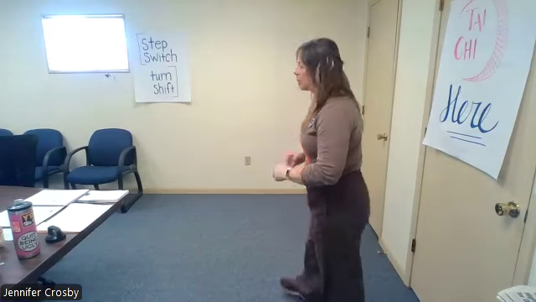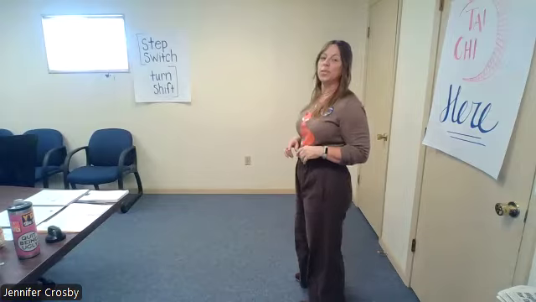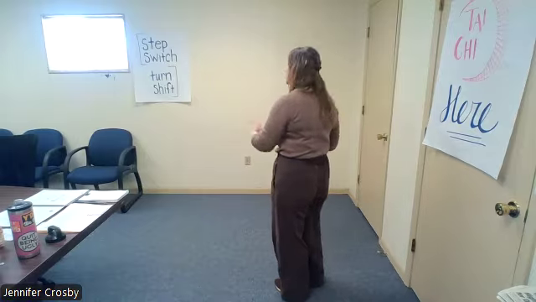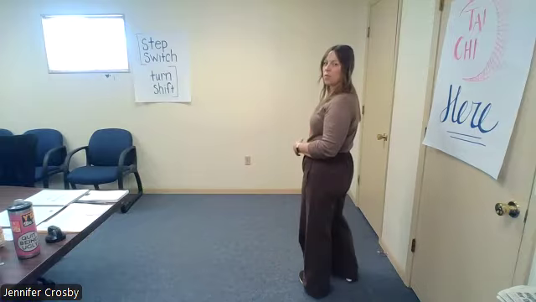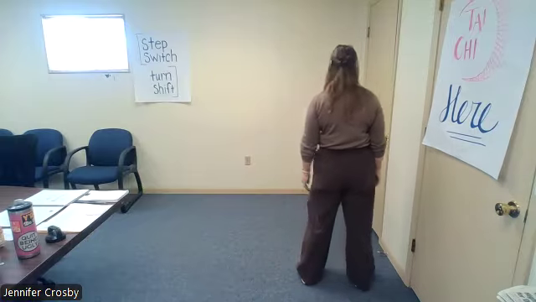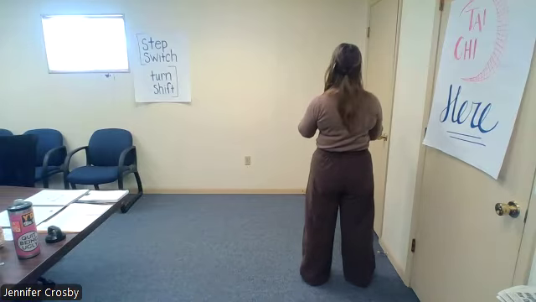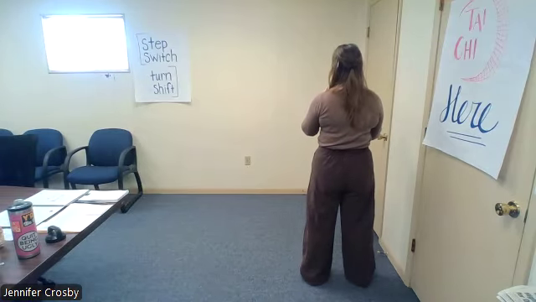Advanced 6. Of course, when we do our advanced 6, we go to the left first and then we go to the right. So I move over here so I stay in camera. We're coming from open and close. Brush knee left.